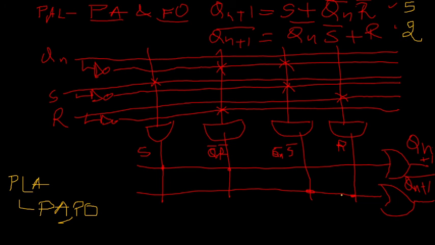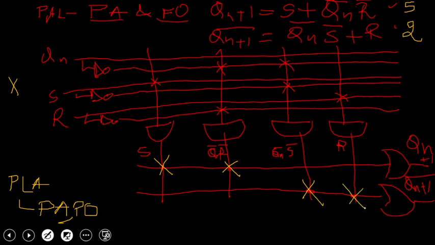So for these implementations, you show cross for programmable and dot for fixed. That means wherever the OR is programmable, you make a cross here, here, here, and here. This yellow color is showing your PLA implementation, and the previous one was the PAL implementation.